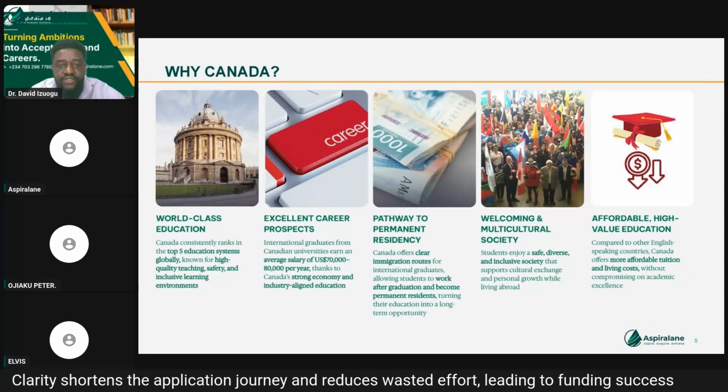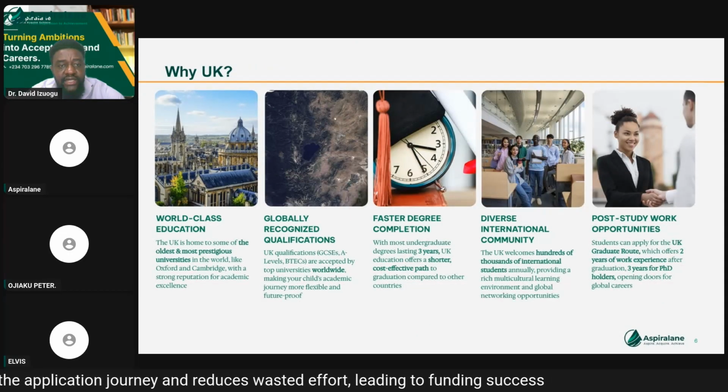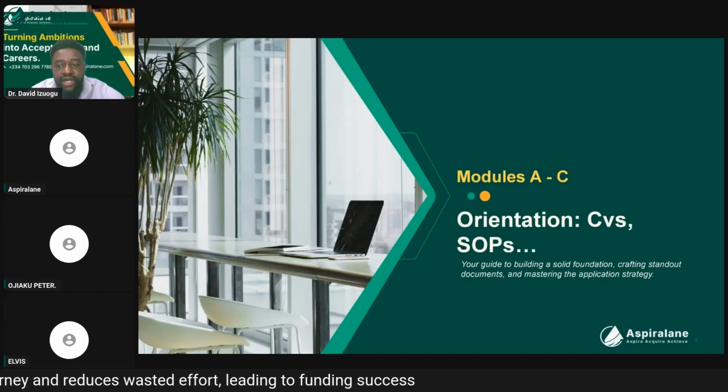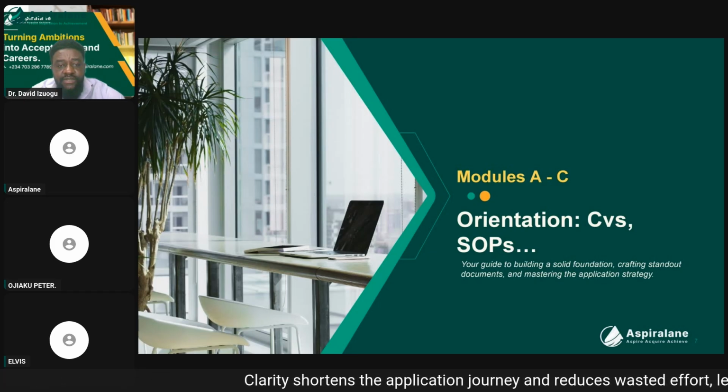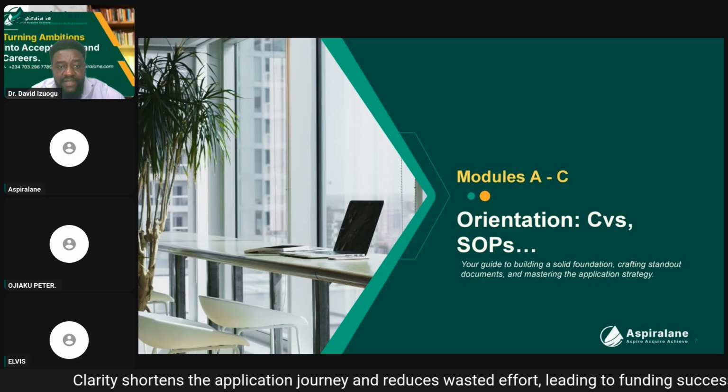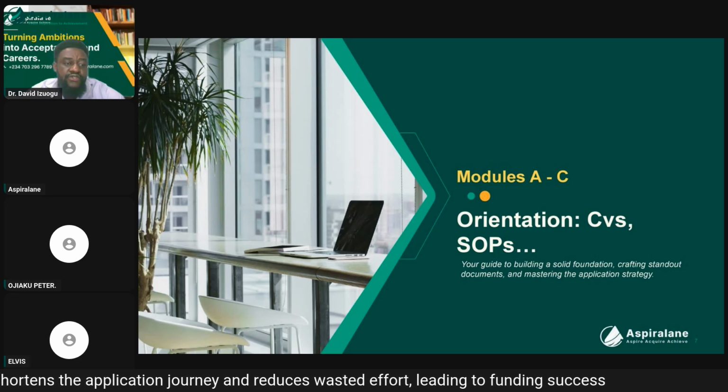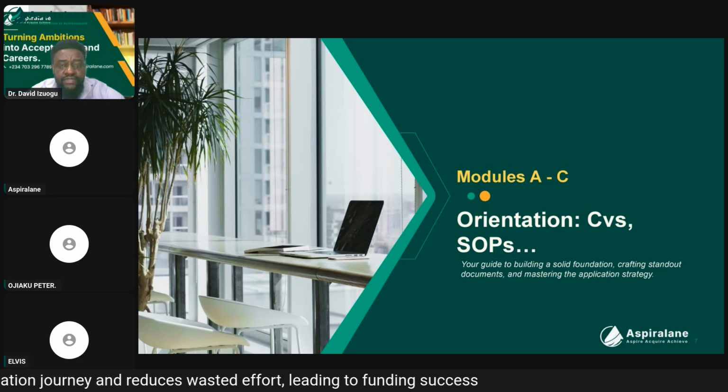We moved into looking at the materials that you actually need to make a graduate application that would be competitive, so you can not only secure admission but also secure scholarship.